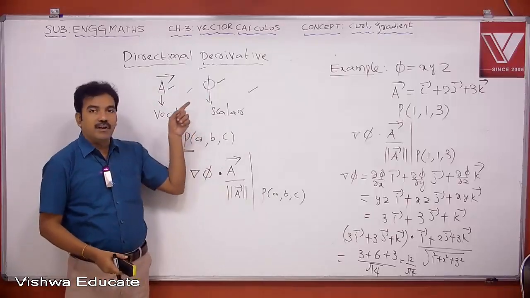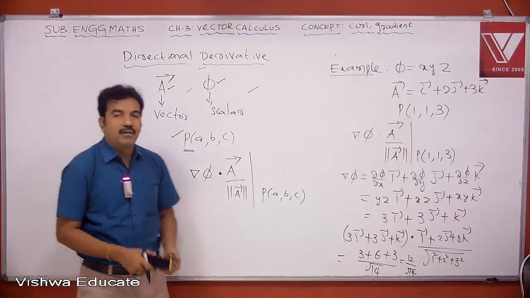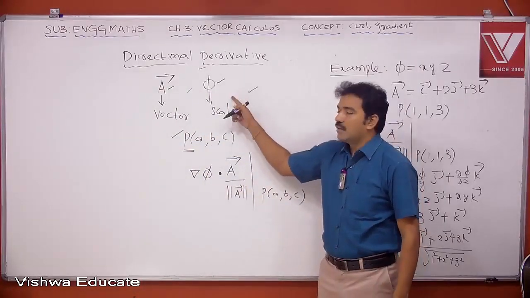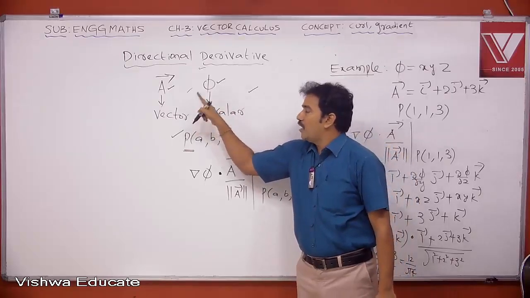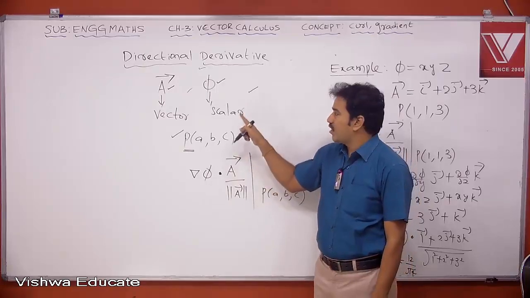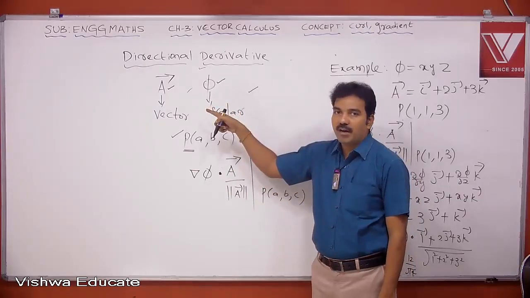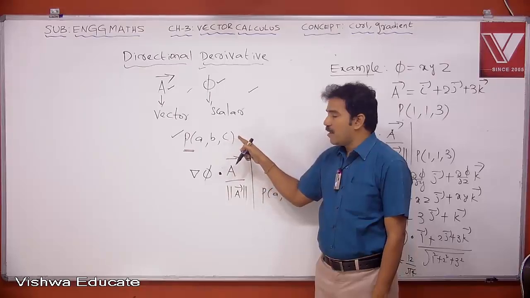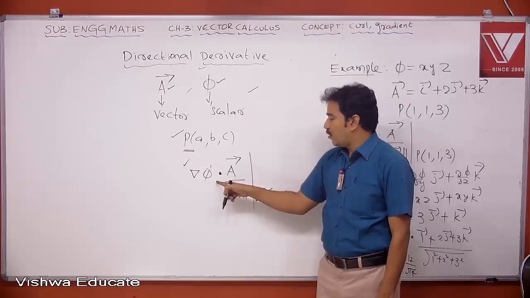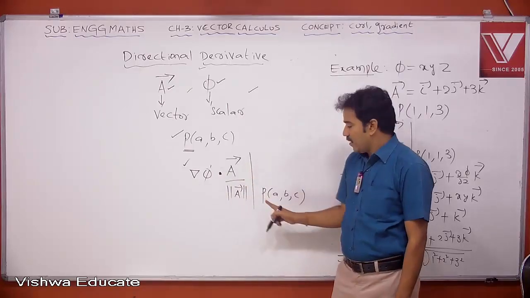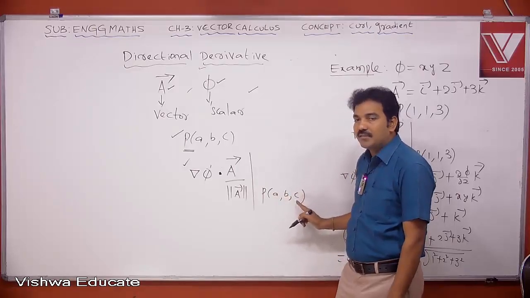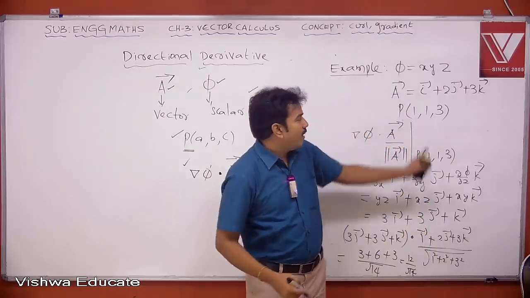The directional derivative of phi in the direction of the vector A bar at the point P(a, b, c) is given by del phi dot A bar by norm A bar, with a vertical line. It represents that we are replacing x by a, y by b and z by c. So write this expression followed by this example.